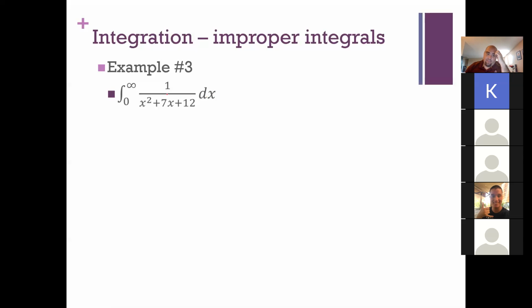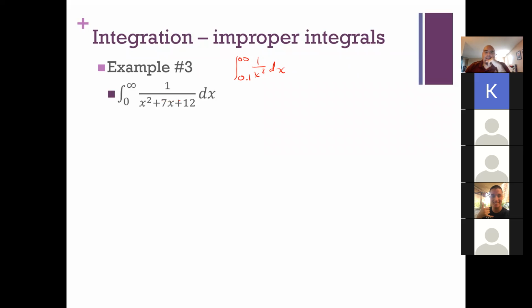So if it was just 1 over x squared, let's talk about that for a second. If I had the integral from 0 to infinity of 1 over x squared dx, let's do one small thing here. Let's make that the integral from 0.1. Would that converge? Yeah, hopefully you remember from the very first slide that that'll converge. That'll have a sum.